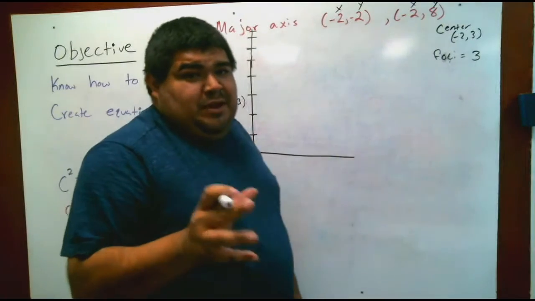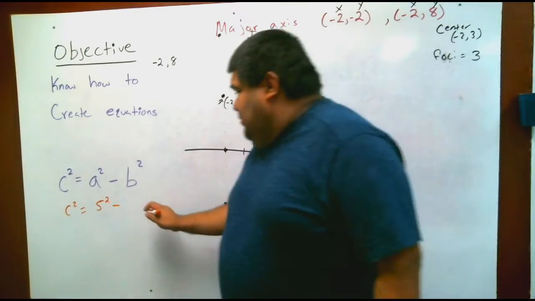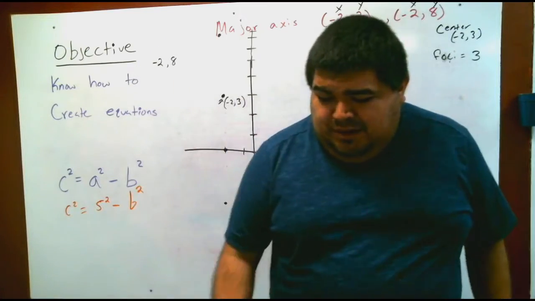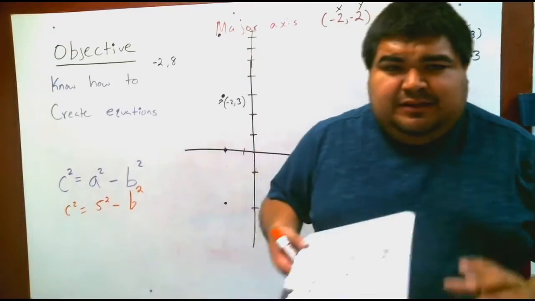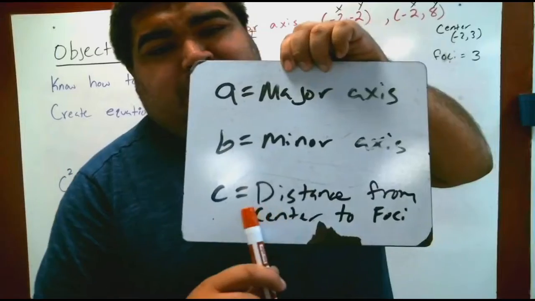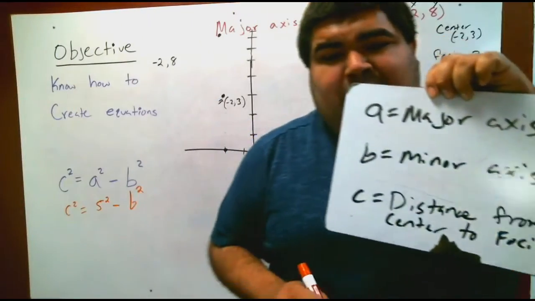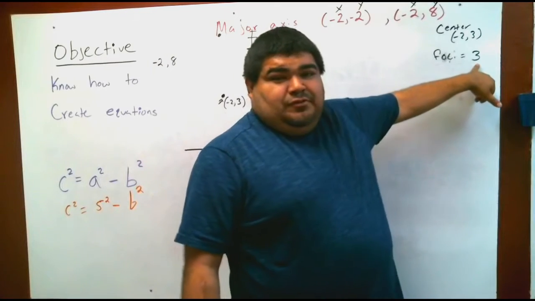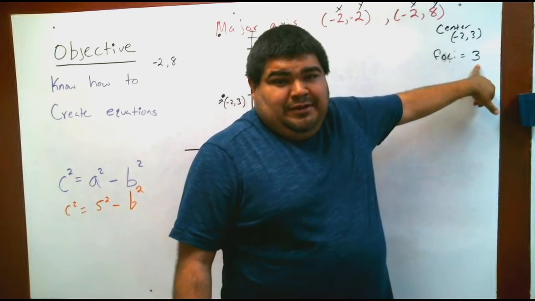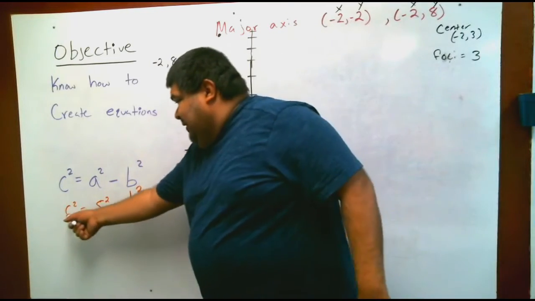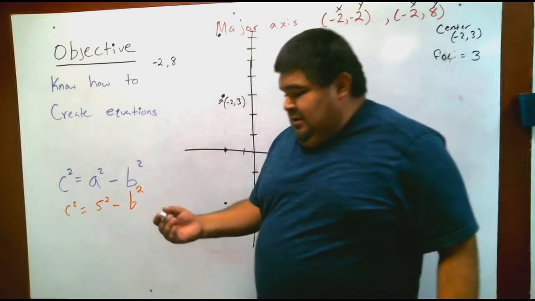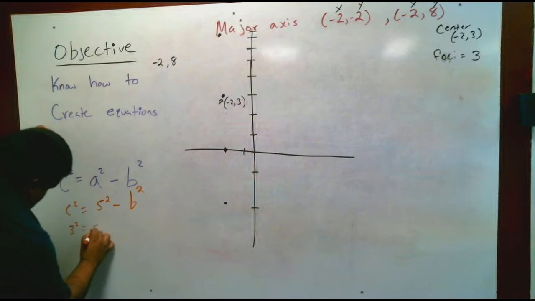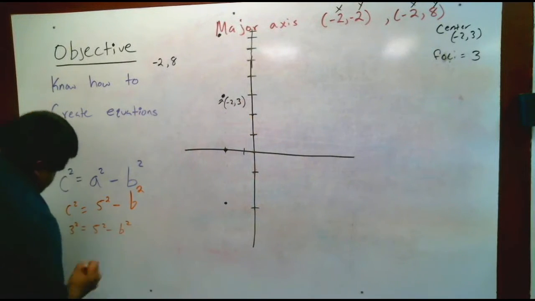We still don't know our minor axis, so we're going to put B squared. If you remember, C is our distance from center to foci. We already found that. Our center to foci is 3. So we have 3 squared equals 5 squared minus B squared.